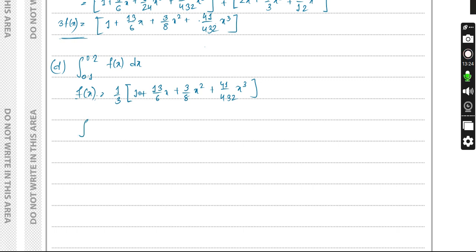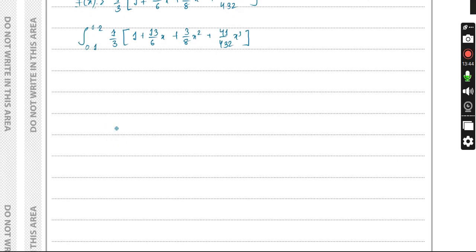If we integrate this from 0.1 to 0.2, the 1 by 3 is a constant, so it won't be affecting the integration of fx, so I can just leave it outside. So 0.1 to 0.2, and this would be 1 plus 13 by 6x plus 3 by 8 x squared plus 41 by 432 x cubed.